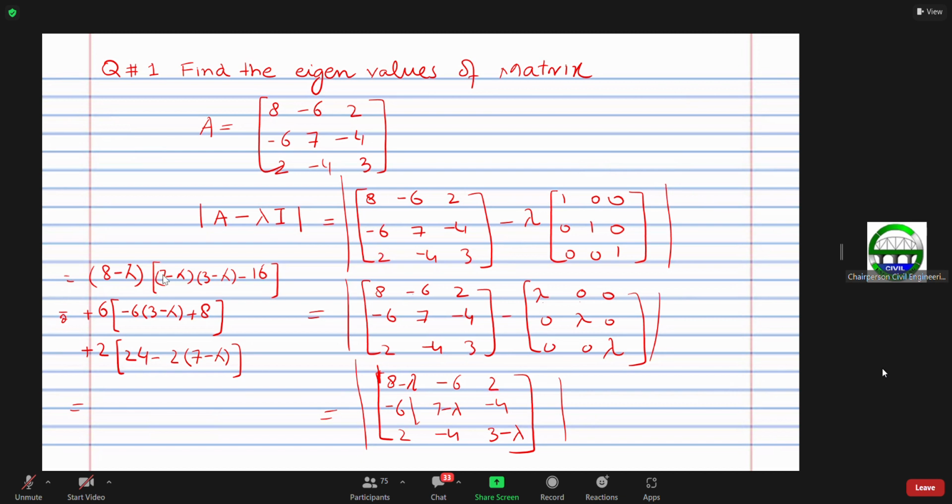Just open these brackets and solve it, then multiply, divide, and give me the final equation. Please, everyone, try to solve it.